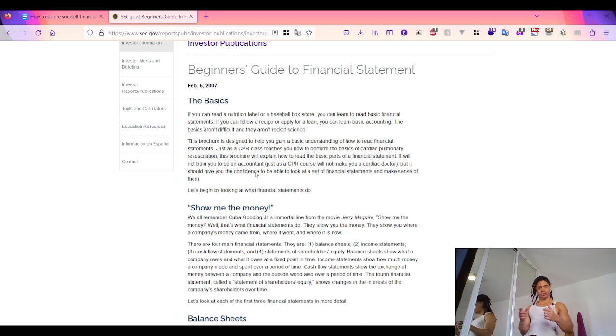First statement, the balance sheet. The TLDR is that it shows you the company's assets, liabilities, and shareholders' equity over a period of time, whether it's annually, quarterly, you name it. Income statements: the bottom line of this tells you if a company made a profit or not. And the cash flow reports the inflow and outflow of cash of a company. And this is important because a company needs to have cash on hand to pay its expenses or to purchase assets.